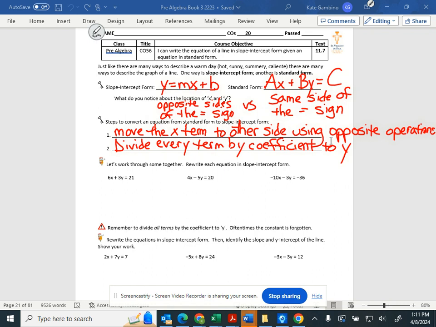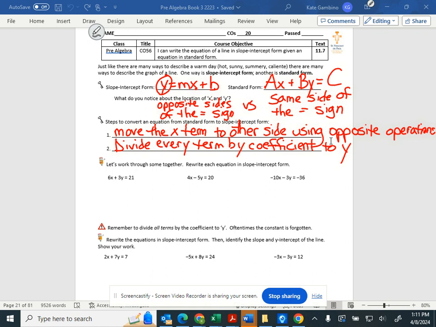What does it mean when there's a number in front of the y? What operation is that? Multiply. So we want to do the opposite operation. We're going to divide by it. So we want it to be just y by itself. We don't want a number in front of the y. So that's why our second step is we're going to divide it out.